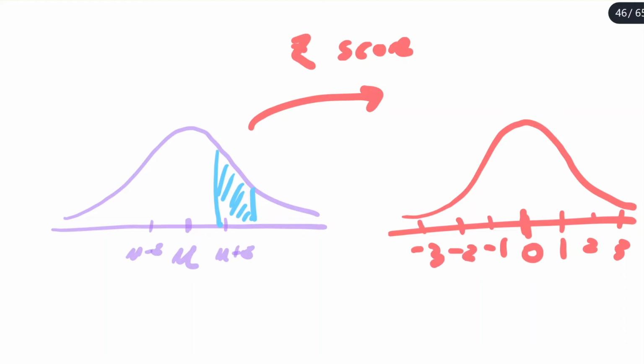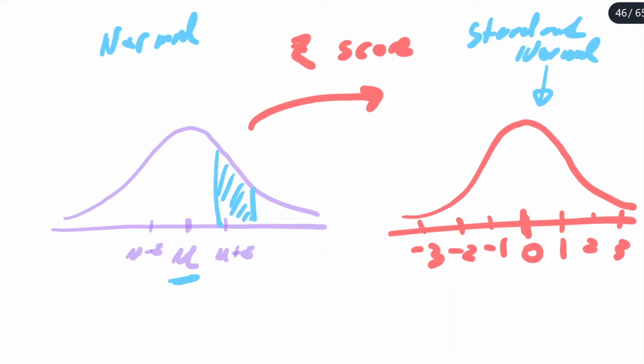And the reason this is useful is we already know the area of this in a table, which I will show you in a second. But that's the process we're doing. Each data set has its own mean, but we're converting to the standard normal distribution. From a regular normal distribution, we're changing to standard normal.